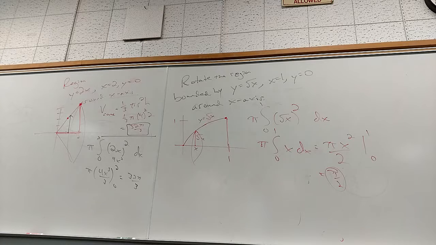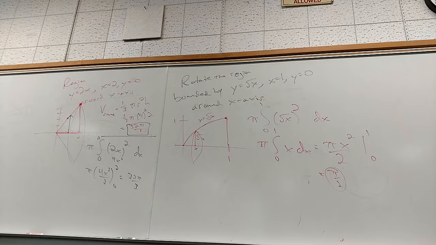So here's the neat thing. If you're going to use this washer method, which means the cross sections are circles, if I'm rotating around the x-axis or something parallel to the x-axis, I do integral dx. If I rotate around the y-axis or something parallel to the y-axis, I do integral dy. Okay.